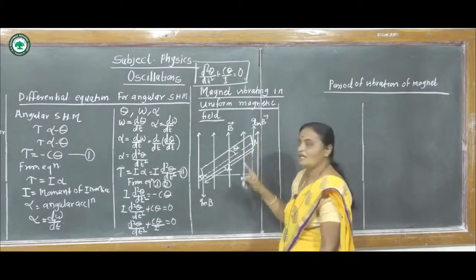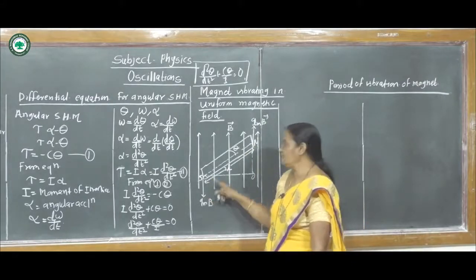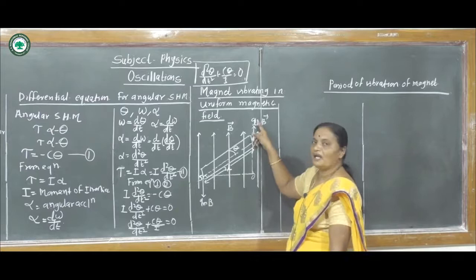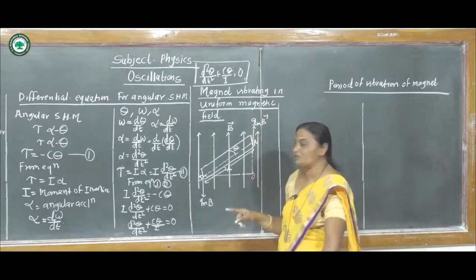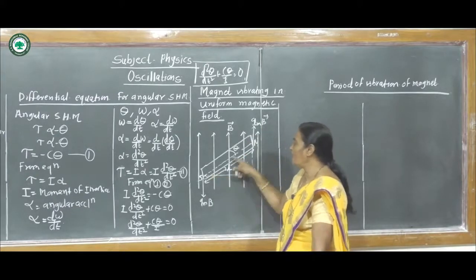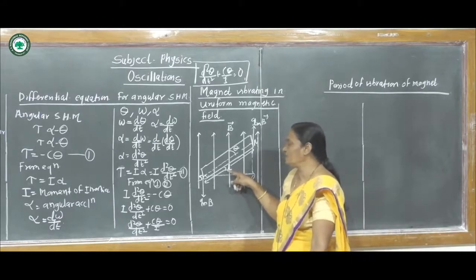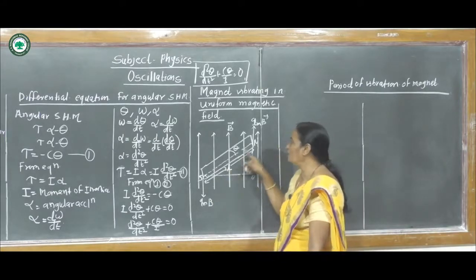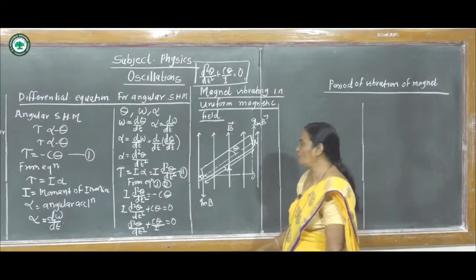These two forces have different directions: one is in the downward direction, the other in the upward direction. They have equal magnitude but opposite direction, and they are separated by a constant distance 2L, forming a couple. It is also called a couple or moment of force.